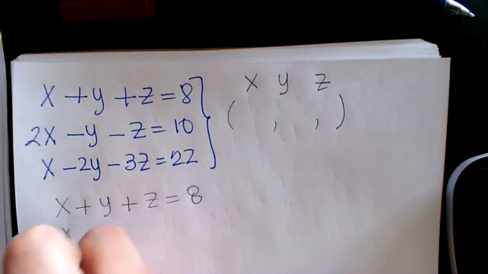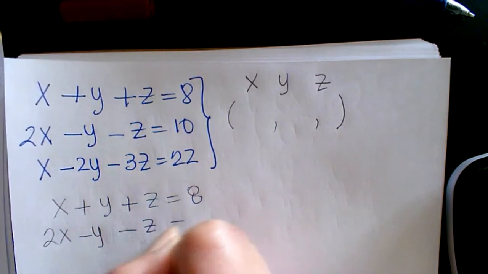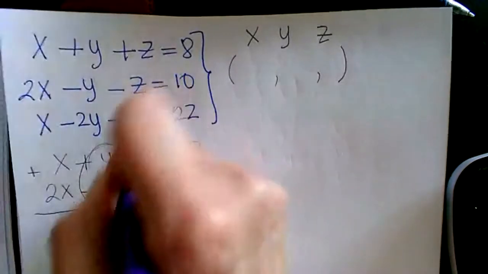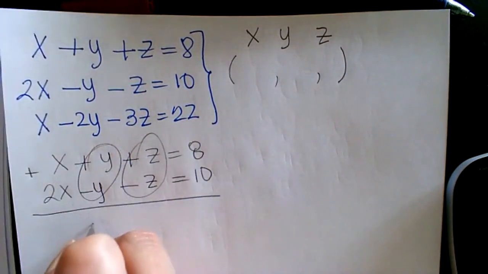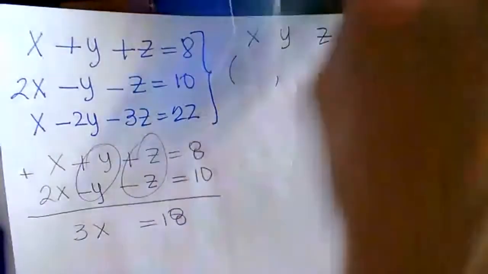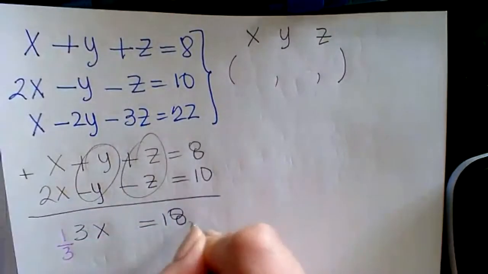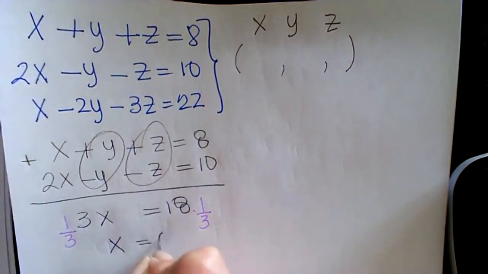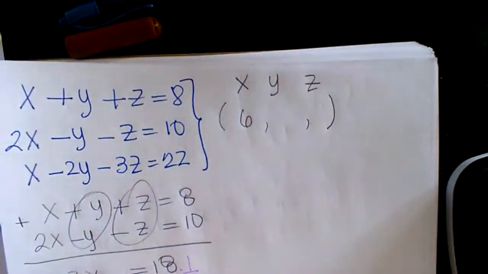And 2x minus y minus z equals 10. And what happens here? I end up eliminating two of them. So 3x is going to be equal to 18. So what do we have? X equals 6. Got my x. There we go. Got one down.